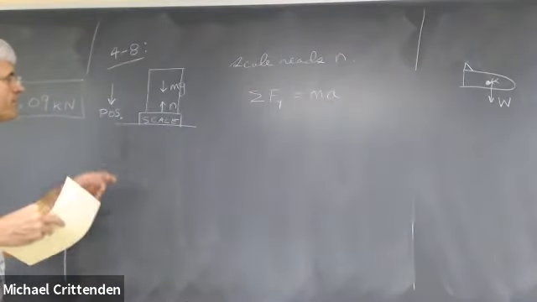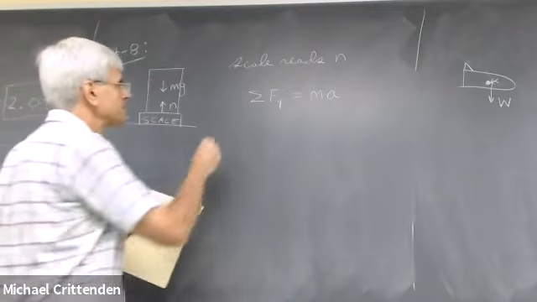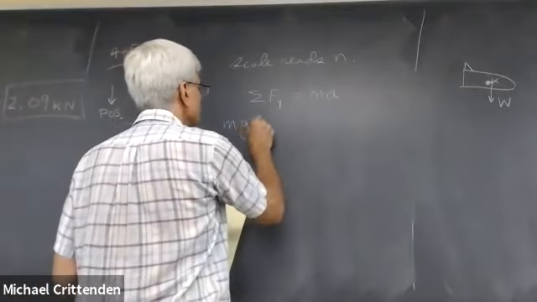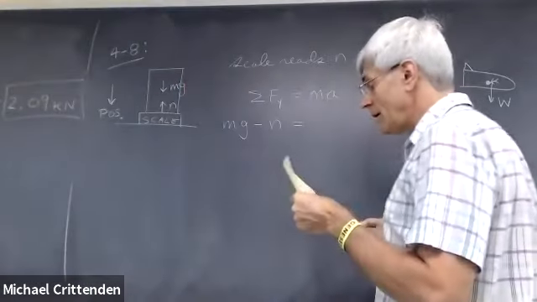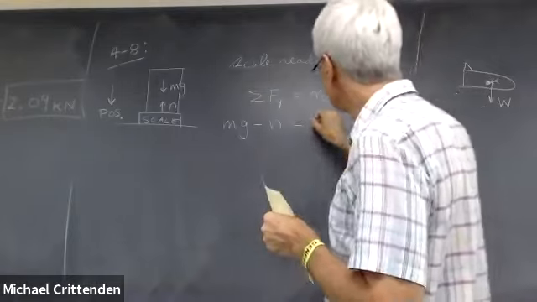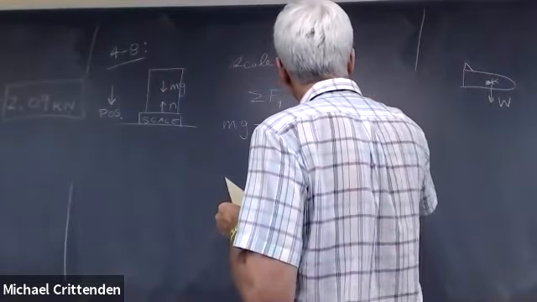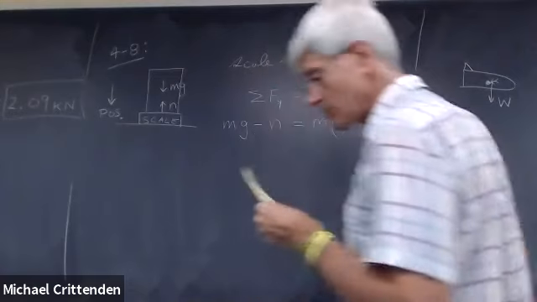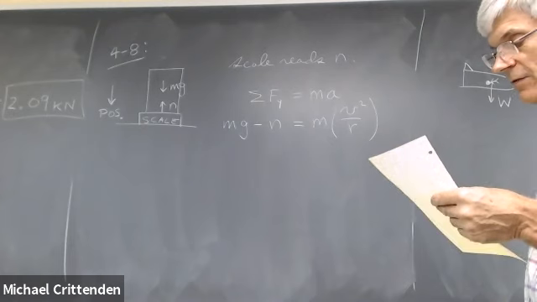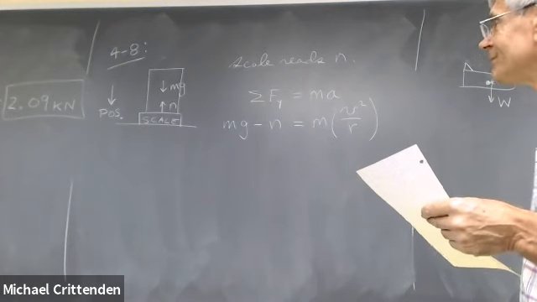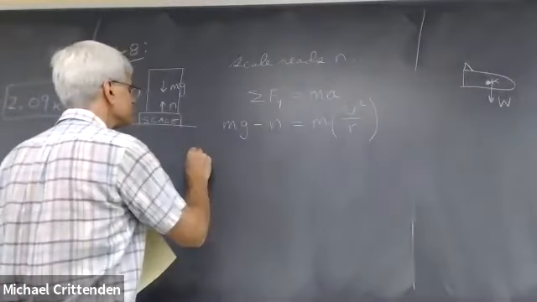Down positive. So I've got mg in the positive direction. And the normal force up is negative. Acceleration equal to v squared over r. We rewrite this.